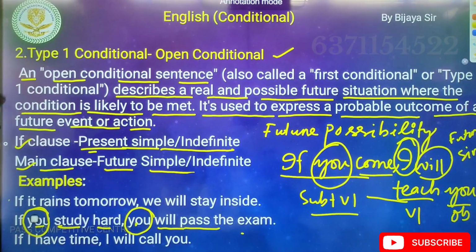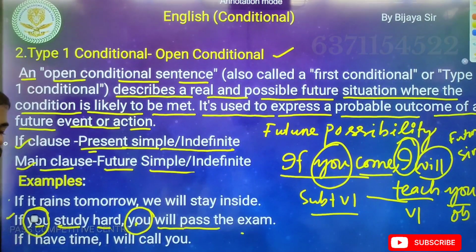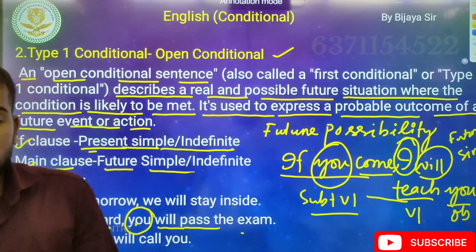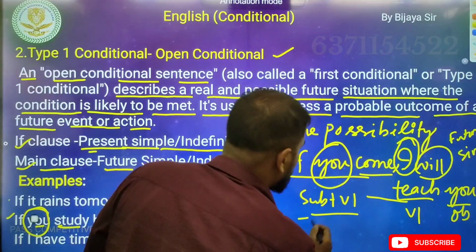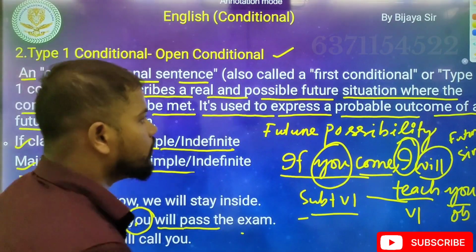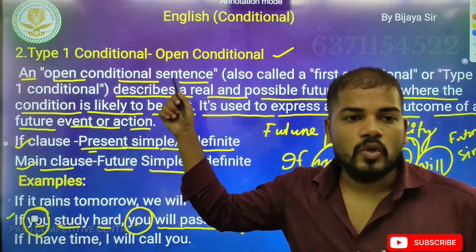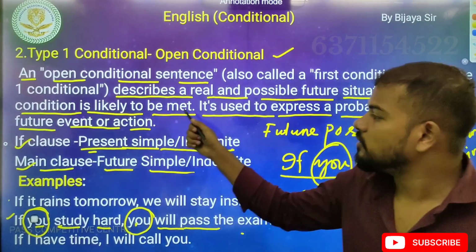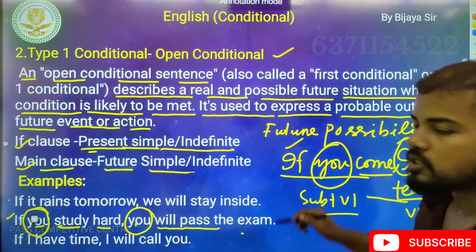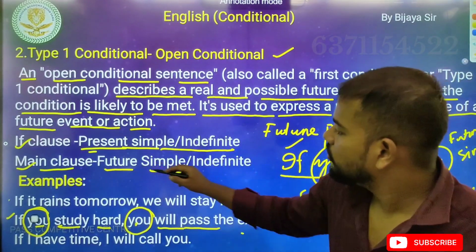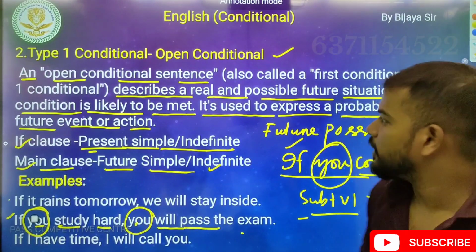So this is known as type 1 conditional, where we get one if clause in present simple and a main clause in future simple or future indefinite. I hope you understood type 1 conditional, dear student.